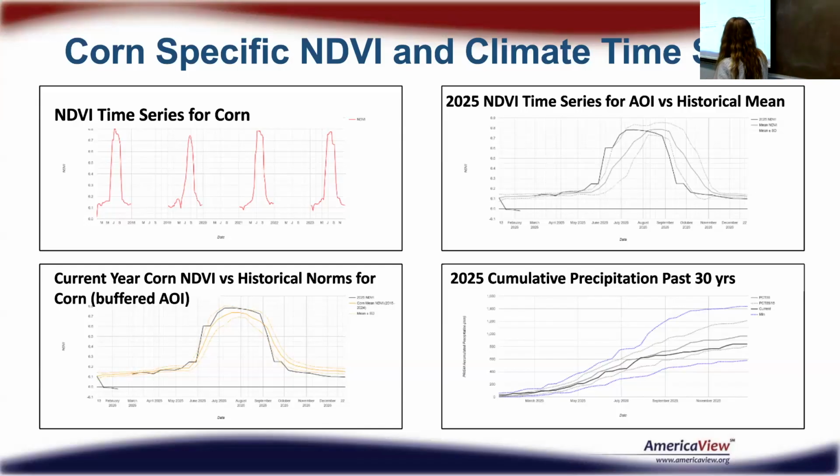So you can get some reference information about historically how it is performing over time. And then you can look at the cumulative precipitation over the past 30 years. So you can see here in this dark line that it's a little bit below the mean coming into September, but it's still within 1 standard deviation of the historical averages.